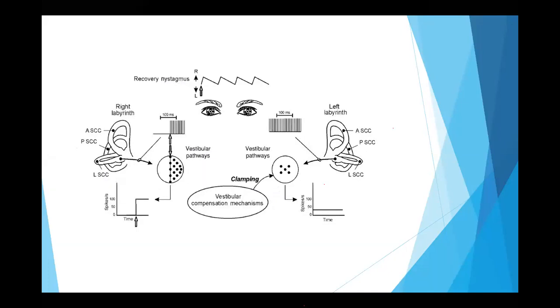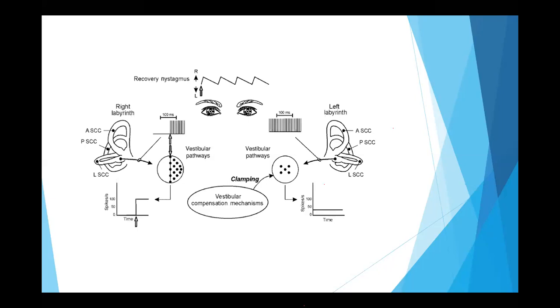But imagine there is a fluctuating problem. Meaning, when there was a unilateral problem, the brain started implementing clamping. After clamping is implemented, the labyrinth became normal, fluctuating, like what you have in Meniere's disease, fluctuating hearing loss. Likewise, you have a fluctuating problem. So now the spontaneous rate is back to normal for the affected side.